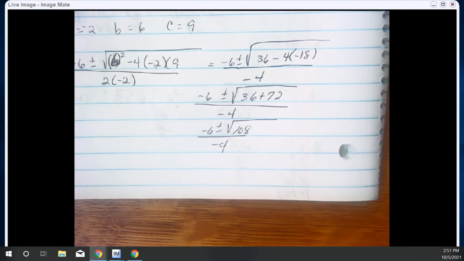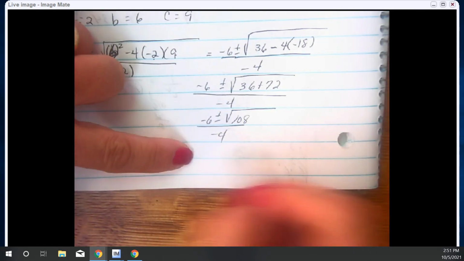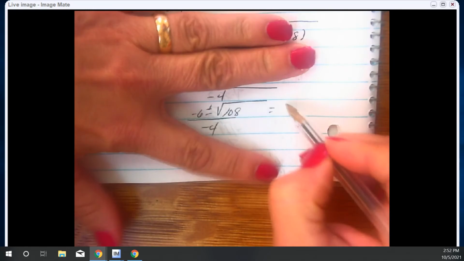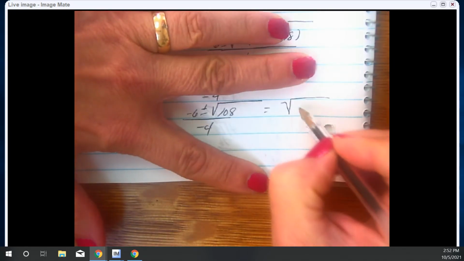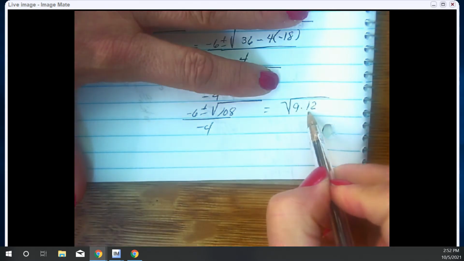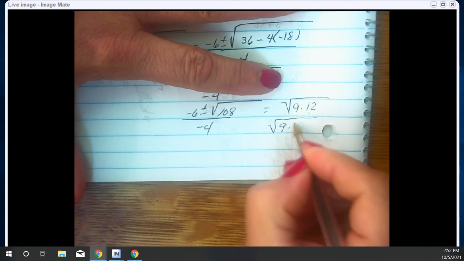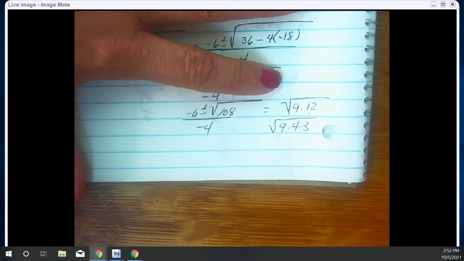Now, what's a factor of 108? 108 can be a couple of different things. One of them is 9 times 12. I'm going to rewrite my 108. Underneath the radical is 9 times 12. I also know that 12 has a perfect square of 4. 4 times 3 is 12.